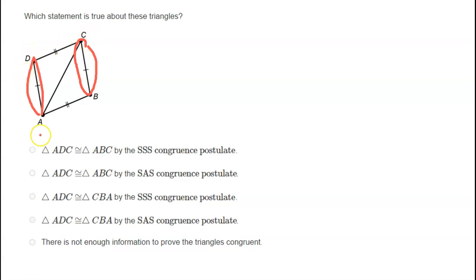Therefore, we want to be careful to see that A matches up to C. Here we notice that A is the first letter and C is the first letter. So we can say that ADC is congruent to triangle CBA by the SSS congruence postulate.